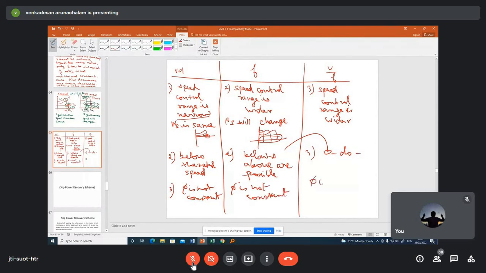Here, at least flux is constant in the below the rated speed region.